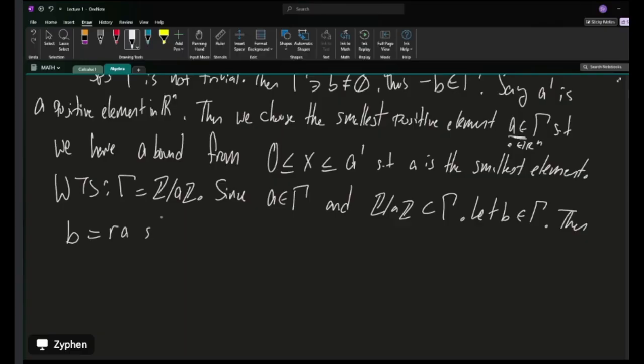Because gamma is a group, we have all multiples of the element itself.